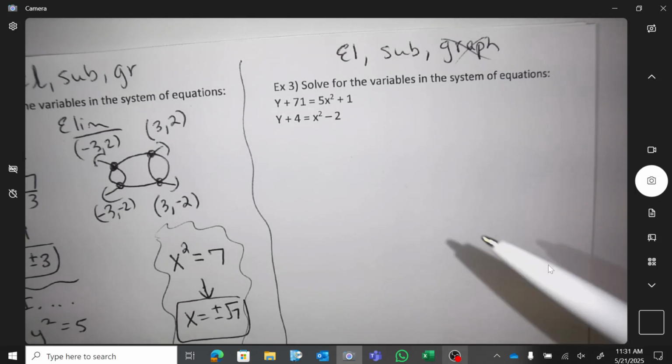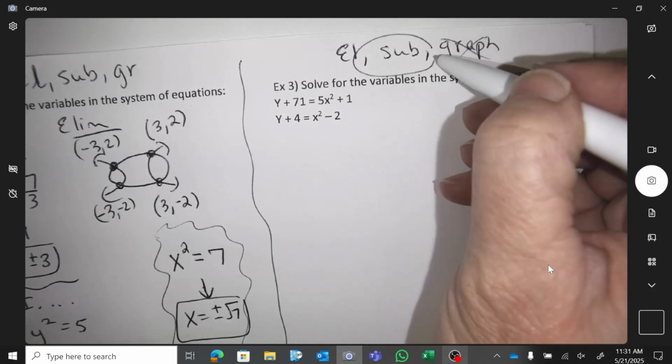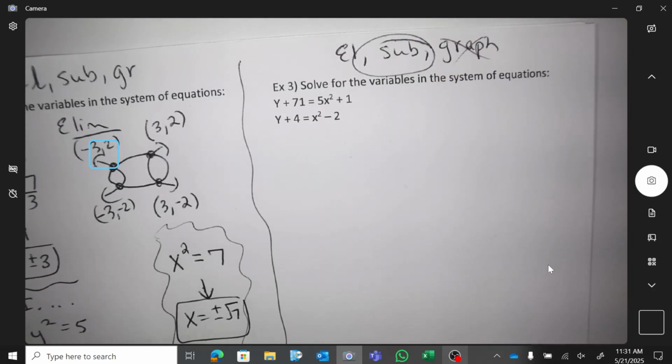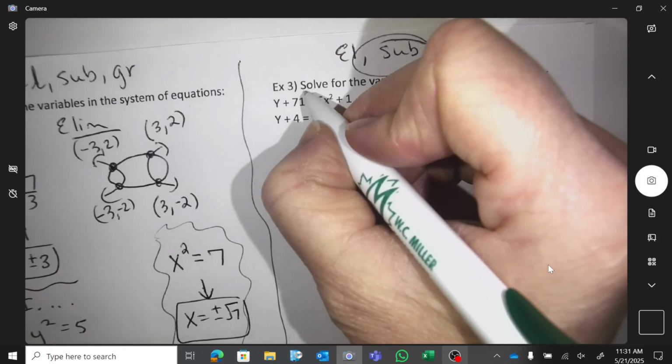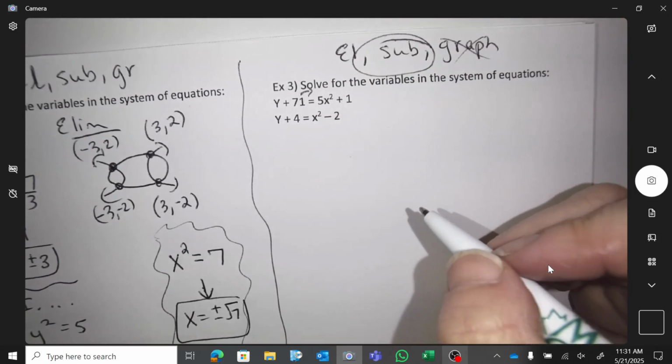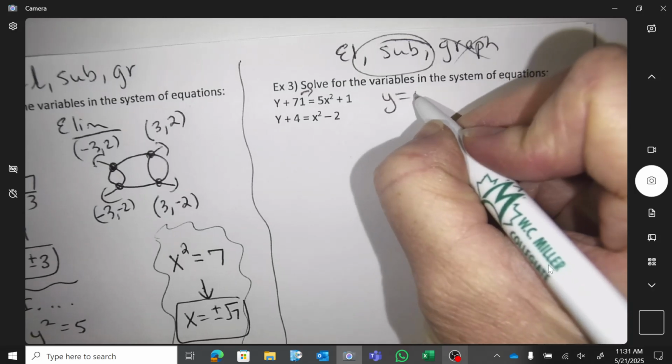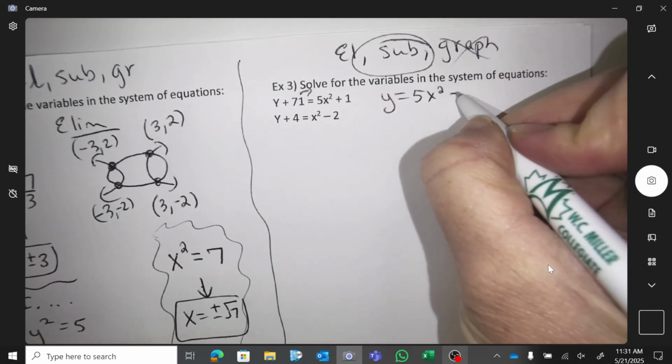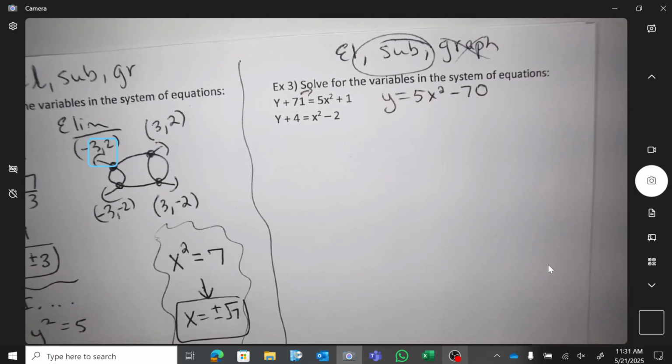Okay, I think either one of these would work, but I'm going to pick the best, which would be substituting. Okay, but I'm going to do some work before I substitute. Why don't I move that over there? If I move that, it would go y equals 5x squared subtract 70.